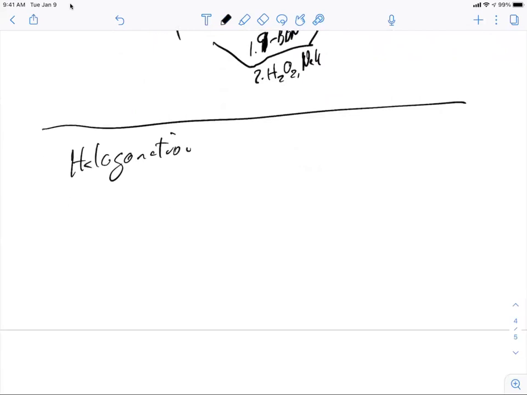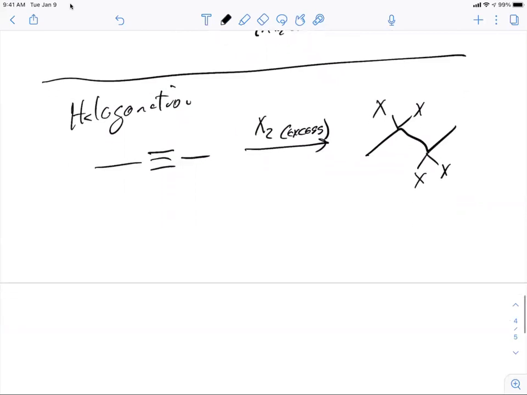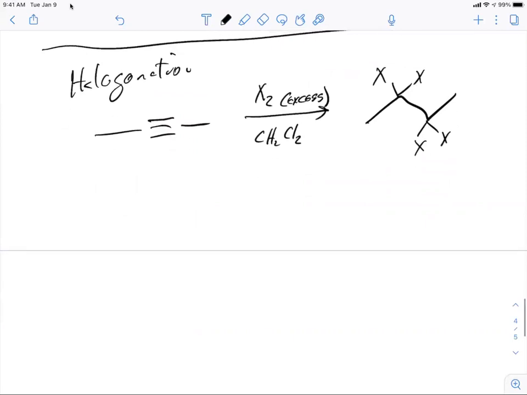Okay, halogenations. If we add an excess, we're going to get the tetrahalide. The mechanism is not well understood.